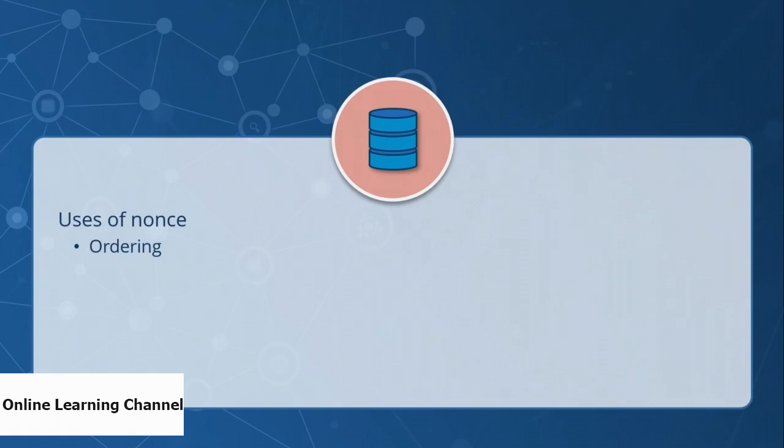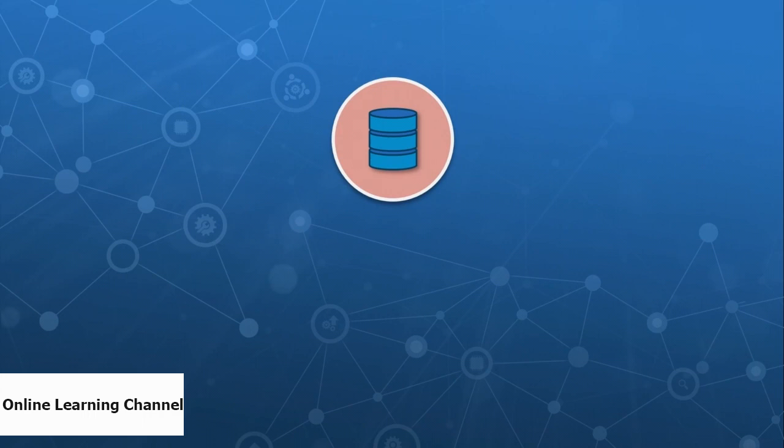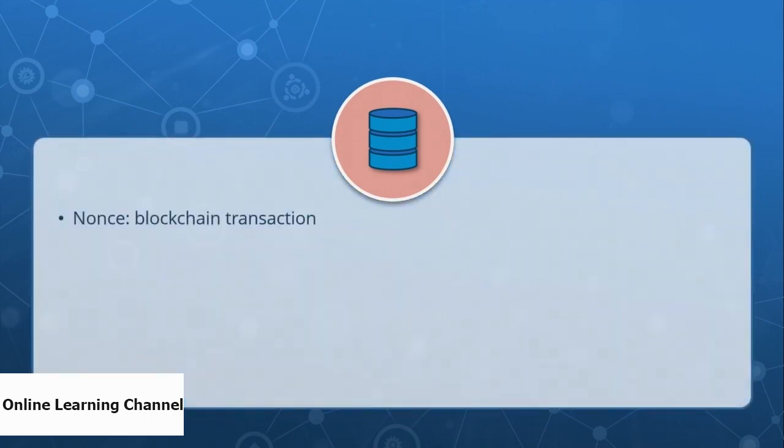That is, it prevents the deduplication or the double counting of transactions. To explain exactly how this works, I'm going to make use of an analogy where the nonce, which is associated with a blockchain transaction, can be compared to the check number involved in a bank transaction.